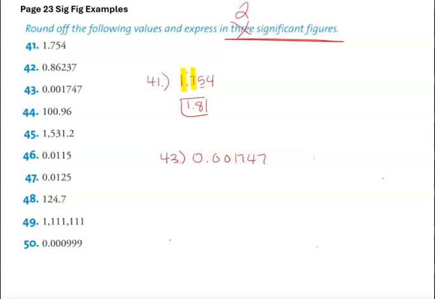So 2 significant figures are going to be our 1 and our 7. So when we rewrite our answer, we're going to use these zeros as placeholders. So it's 0.00, and it's going to be 1, 7. Then we have a 4 here, so there's no need to round up. So that'd be 2 significant figures for that number.